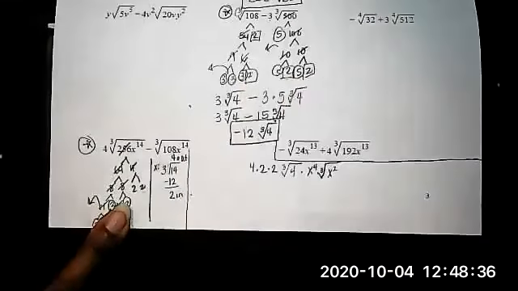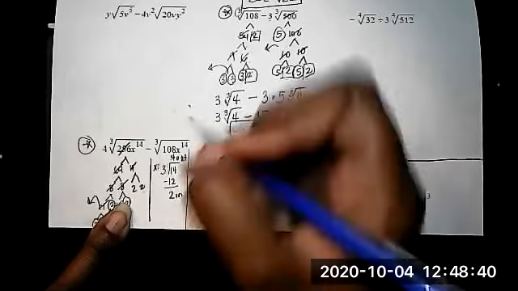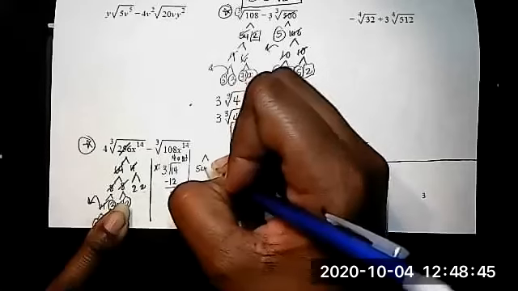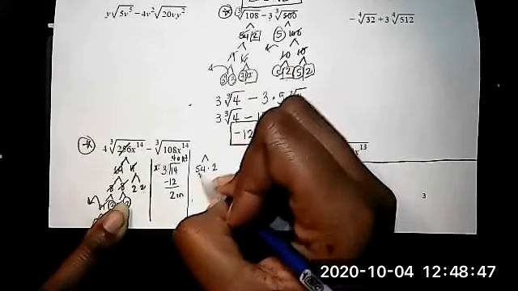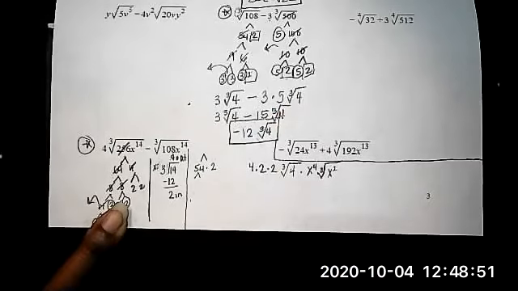Let's move on to 108. I'll divide 108 divided by 2, and I get 54. So I'll break 108 into 54 times 2. 54, if I divide 54 by 2, I'll get 27.